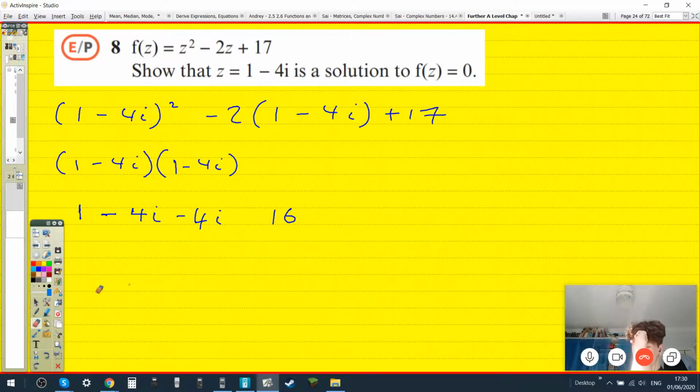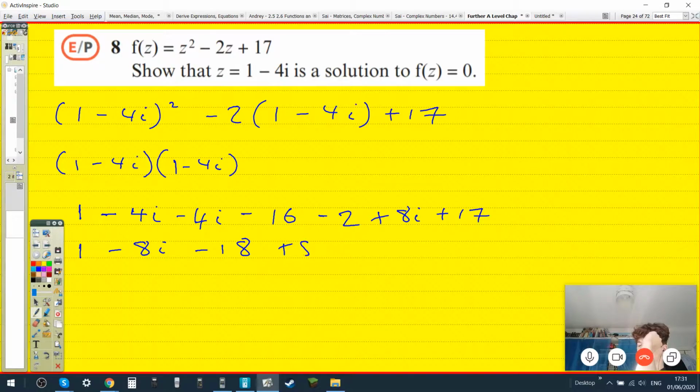Then minus 2 plus 8i plus 17. So that becomes no i. Then plus 1 minus 16 plus 17, which doesn't equal 0. Equals 2.